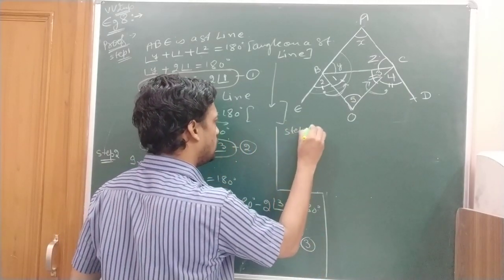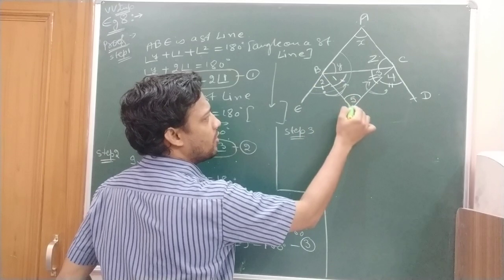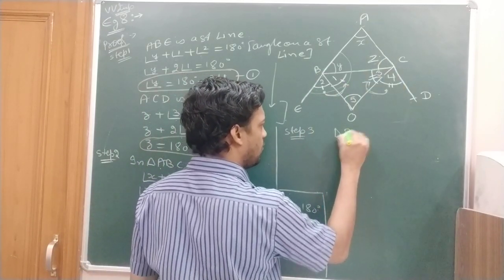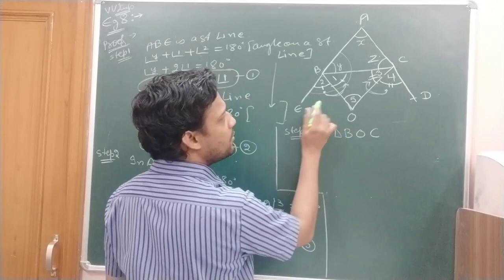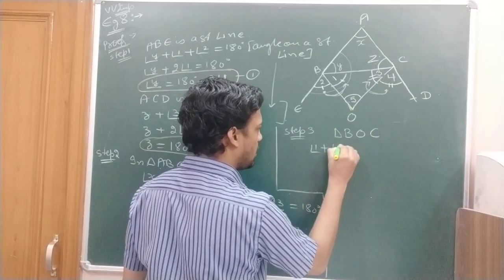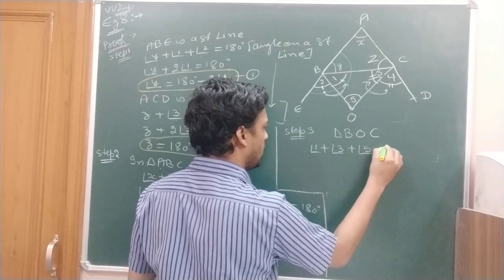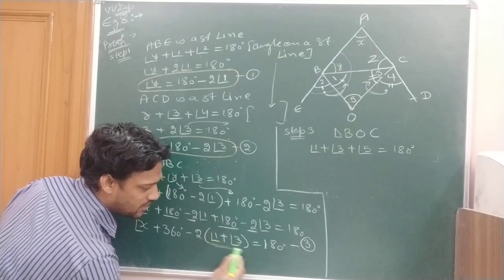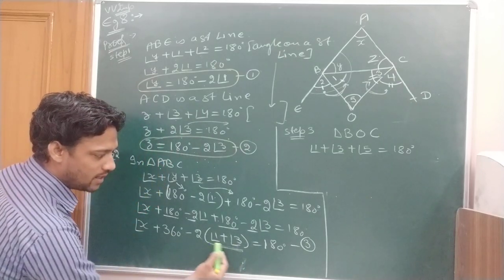Now step number 3. The lower one, triangle BOC. In triangle BOC, angle 1 plus angle 3 plus angle 5 equals 180 degree. But we need angle 1 plus angle 3.